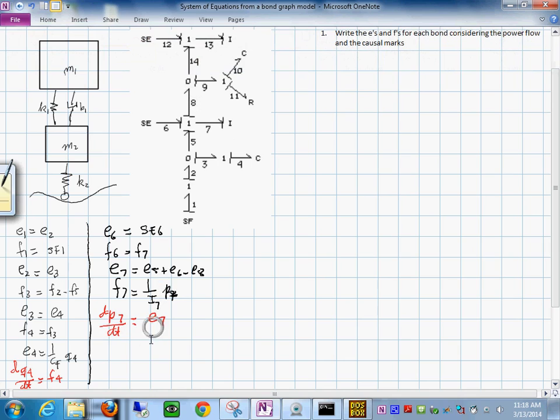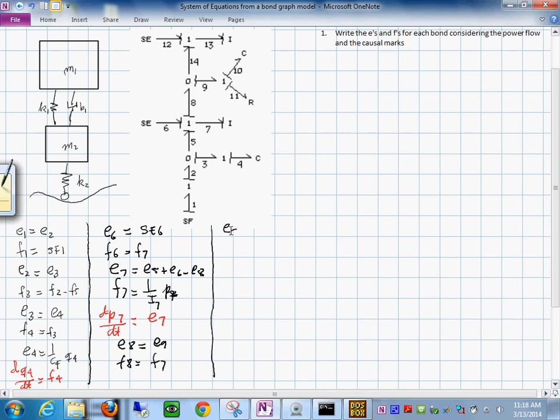And then we keep on going. We say E sub 8 now is equal to what? E9. And what is F sub 8? F sub 8 is caused by F sub 7. And so I'll just keep using this spacing here. We are on 8, right? We go to 9.